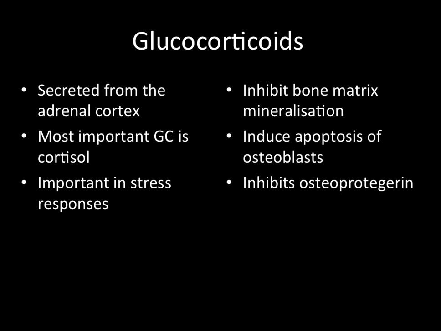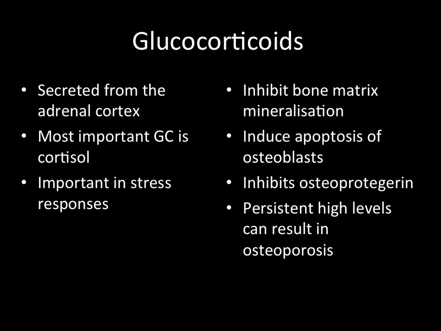If you inhibit OPG, that means that RANKL, the ligand, and RANK, the receptor, are going to be able to bind together, as we demonstrated before, and that's going to increase osteoclast number and activity. So persistent high levels of glucocorticoids through these mechanisms can result in osteoporosis.